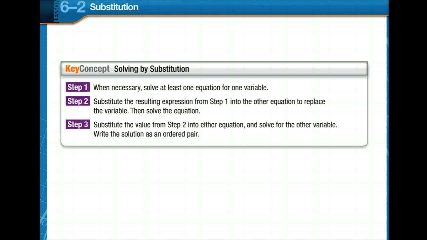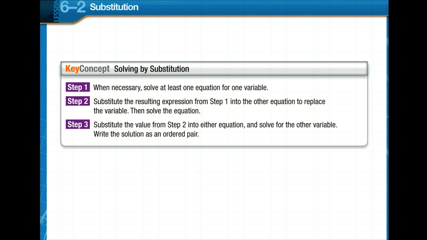So a key concept, we're going to talk about it in mathematical terminology, and then we'll break it down so that we're understanding what we're discussing. So step one, when necessary, we're going to solve at least one equation for one variable. So that'll come to light here in a little bit as we work a problem. Then we need to substitute that resulting expression from step one into the other equation to replace the variable.